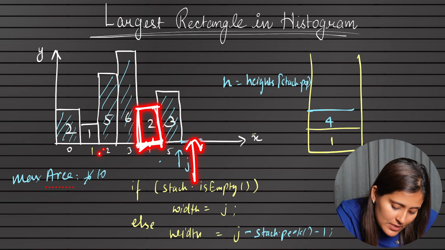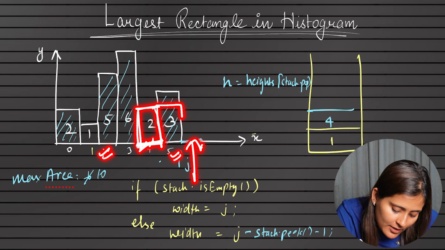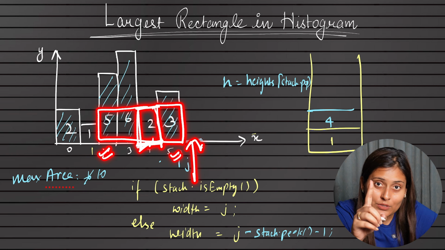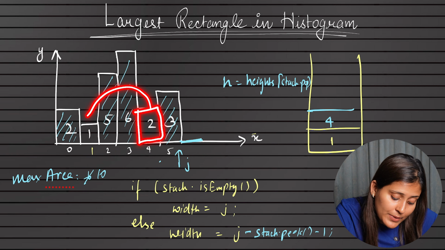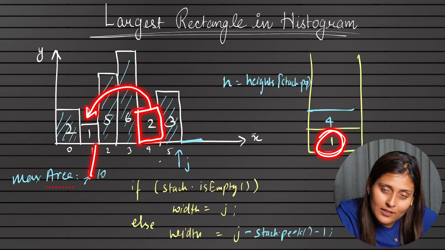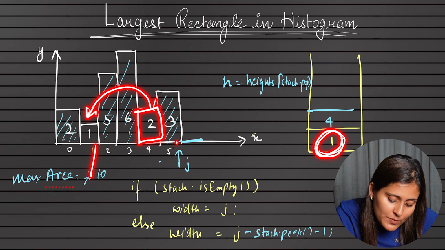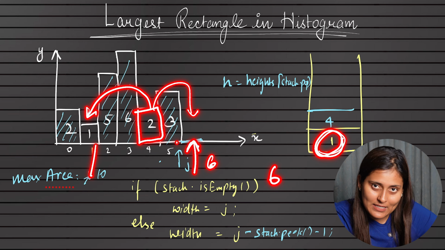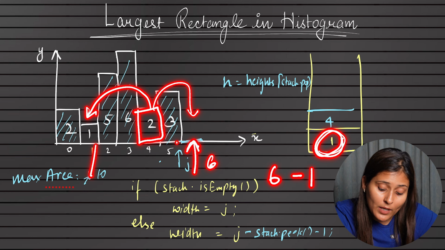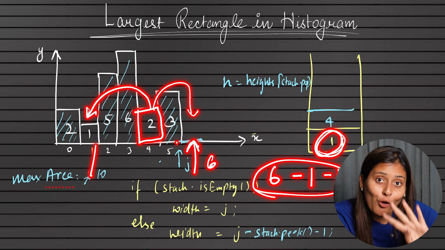Can I say from this width to this width? I can say till 2, correct? So see the magic. I have height 2. Left smaller value was present at stack.peek 1. Right smaller value is present at J, which is 6. See, J 6 minus stack.peek minus 1 and minus 1. What will it give? 4 width.